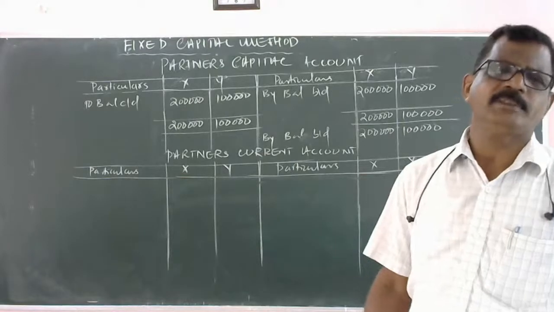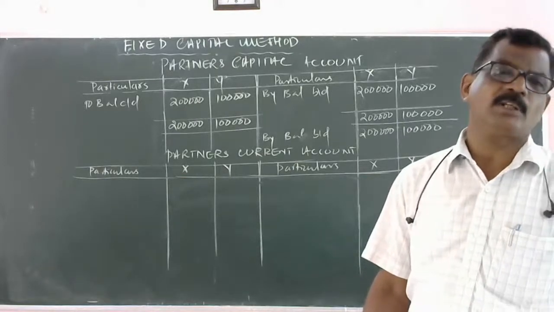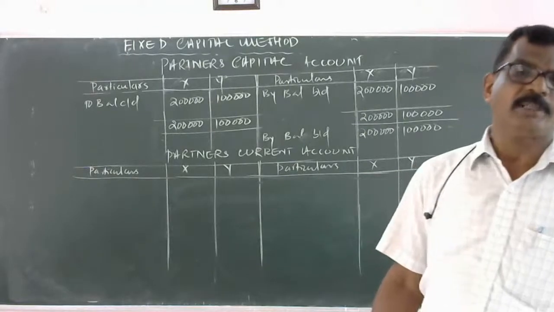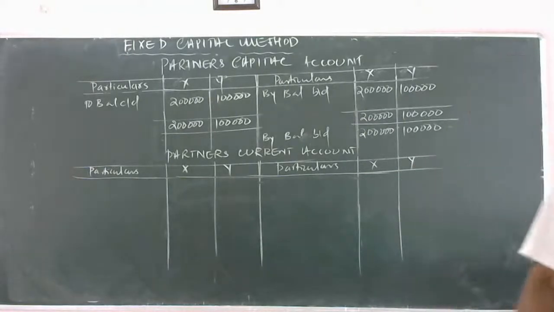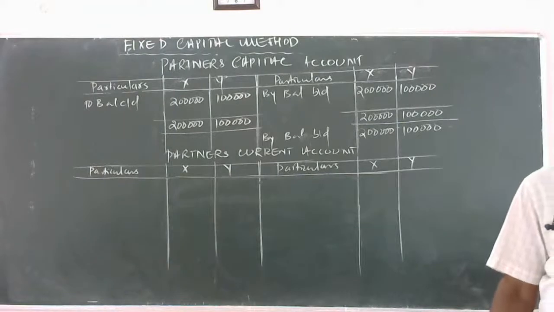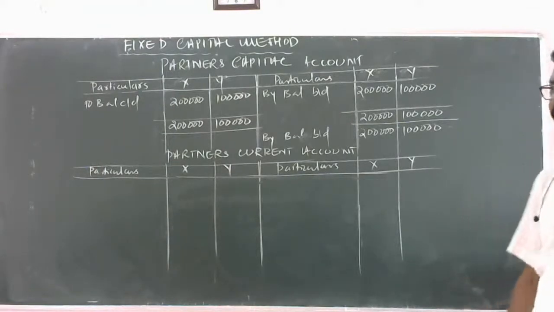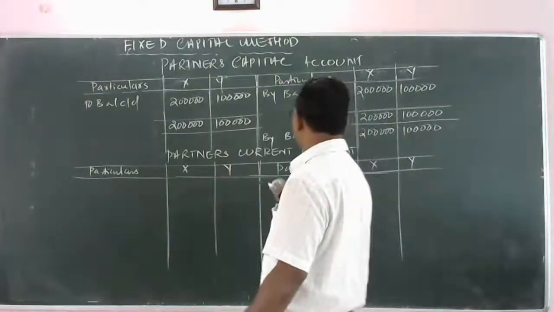Drawings are debited, interest on drawings is debited, share of loss if there is any is debited. ಇಲ್ಲಿ ಬೇರೆ ಯಾವುದೇ ಚೇಂಜಸ್ ಇಲ್ಲ. ನೀವು ಯಾವ್ಯಾವುದನ್ನು ಕ್ರಿಯೇಟ್ ಮಾಡಬೇಕು, ಯಾವ್ಯಾವುದನ್ನು ಡೆಬಿಟ್ ಮಾಡಬೇಕು ಅಂತ ಹೇಳಿ ಗೊತ್ತಿದೆ ನಿಮಗೆ. ಕ್ರಿಯೇಟ್ ಮಾಡಬೇಕಾಗಿರೋದು ಇಂಟ್ರೆಸ್ಟ್ ಆನ್ ಕ್ಯಾಪಿಟಲ್ ಫಾರ್ ದಿ ಪಾರ್ಟ್ನರ್ಸ್.